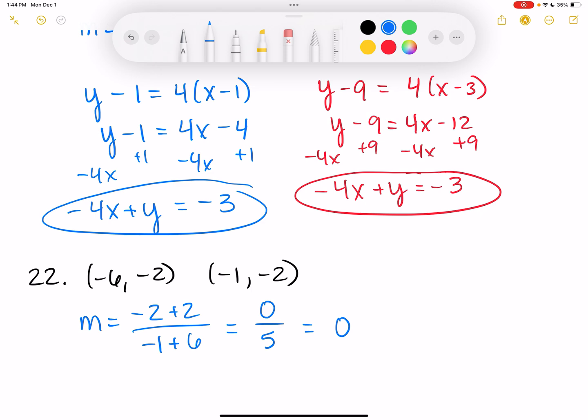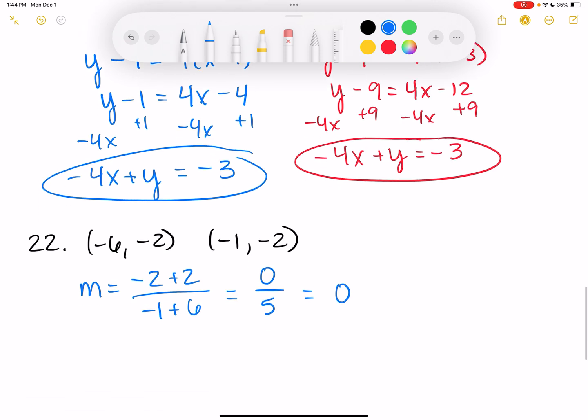So if I have a slope of 0, that means that this is what kind of a line? Is it a line that looks like this or a line that looks like this? Remember, 0 slope, if you make a Z, you start out going this way.